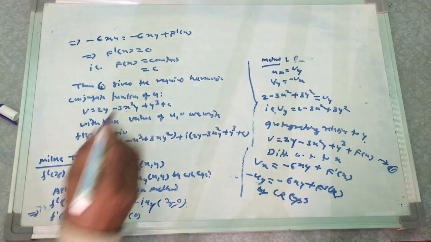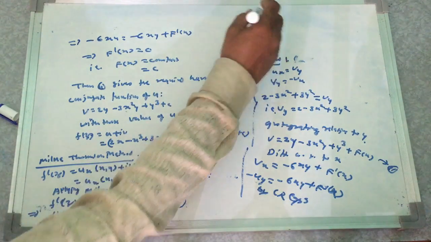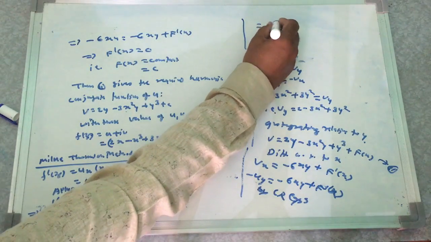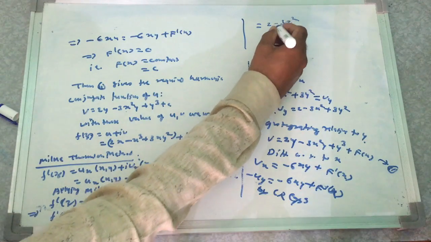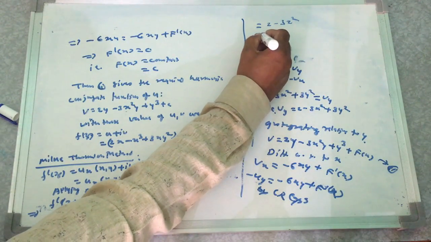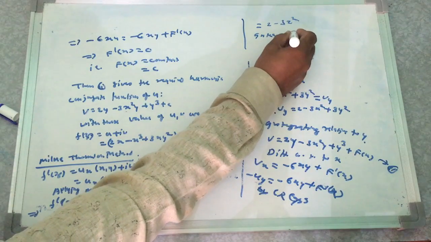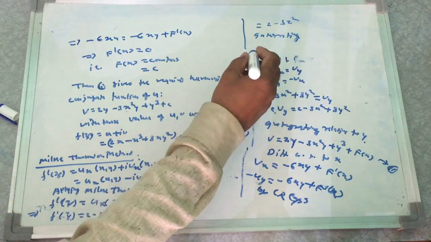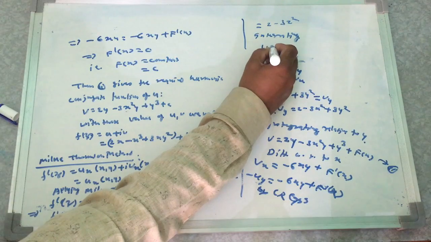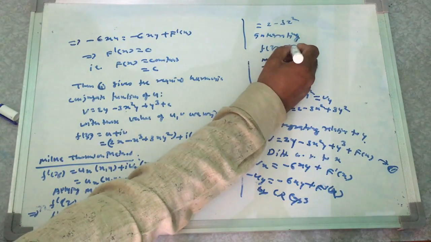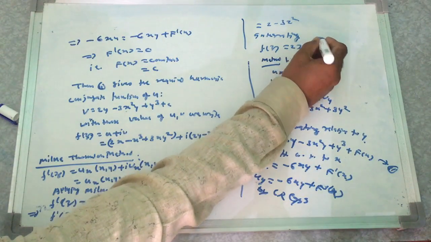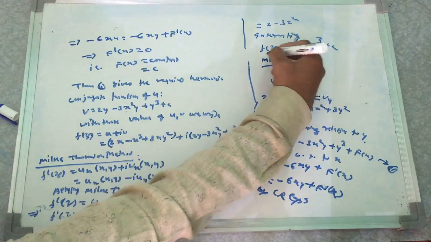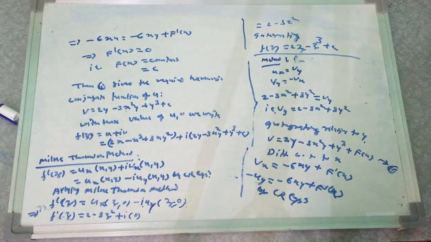This is equal to 2 minus 3z square. So integrating, you will get f of z is equal to 2z minus z cube plus c. So in this manner we have to finish.